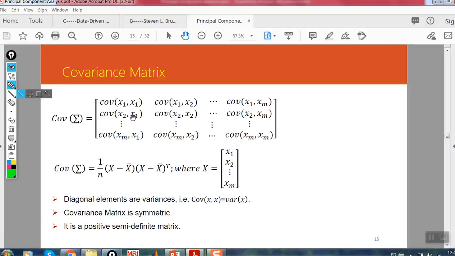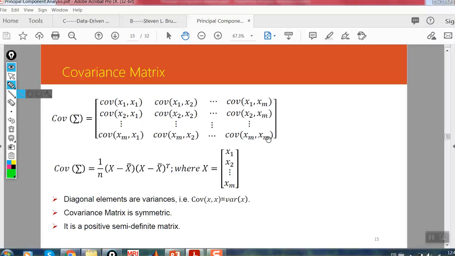Then finally we have this covariance matrix with this value in each entry of the matrix. Okay, and if you pay attention, the diagonal elements are the variance.